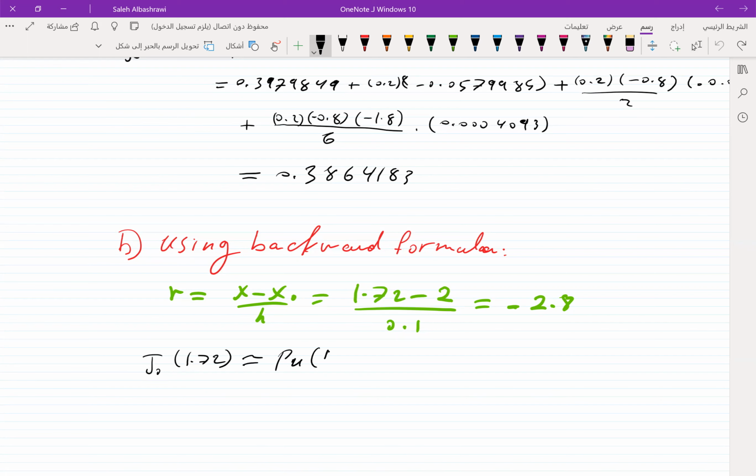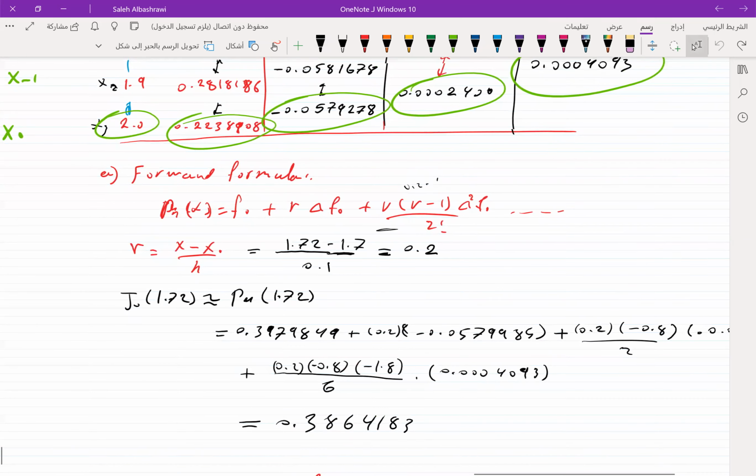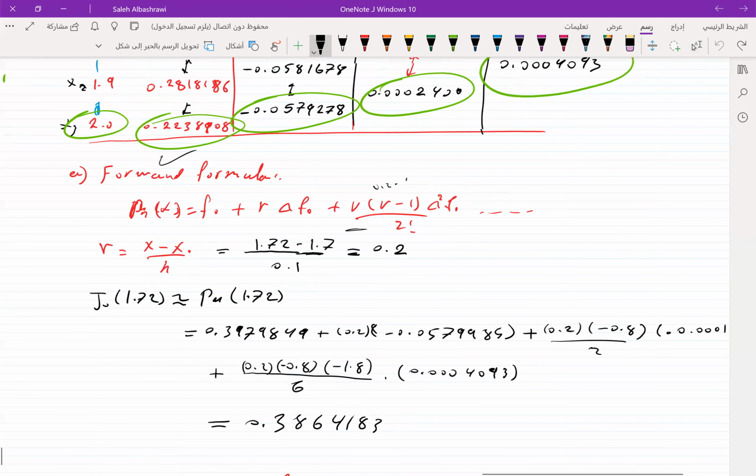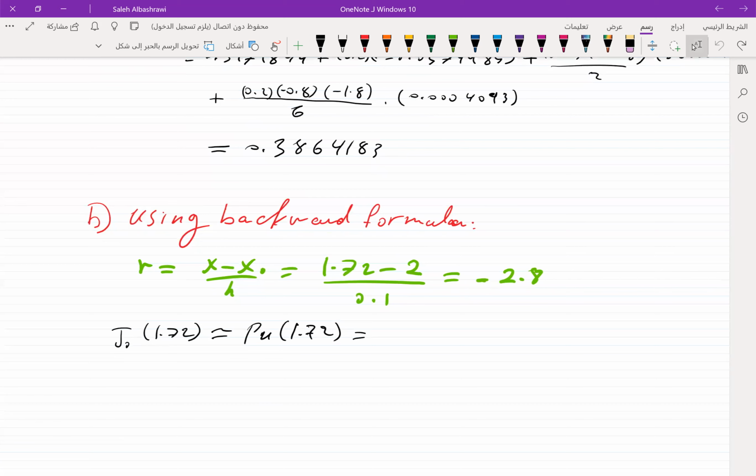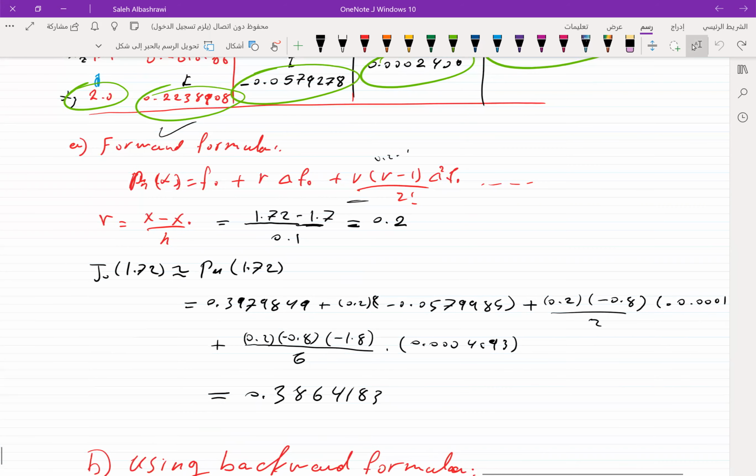For the backward, f sub 0 is the last one, the value of the f. So this is equal to 0.223890. This is the last value in that column.